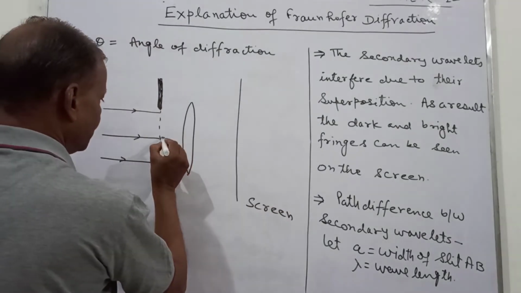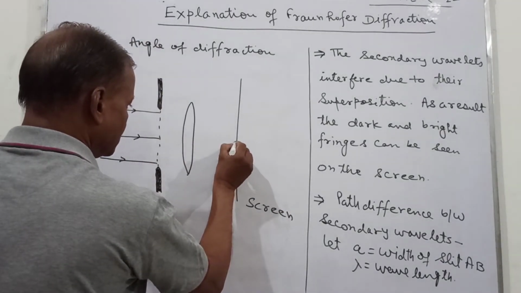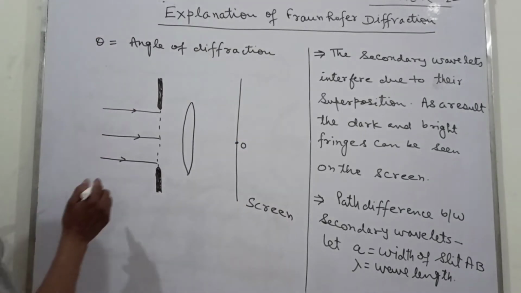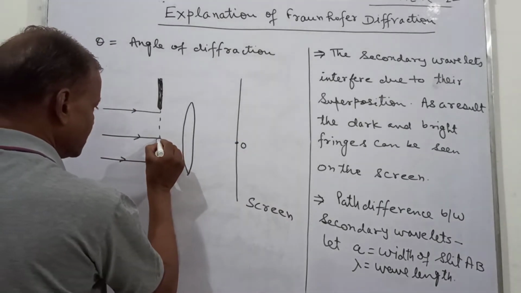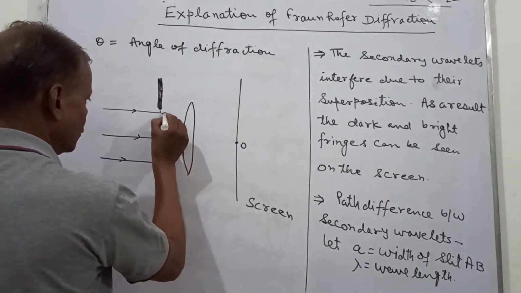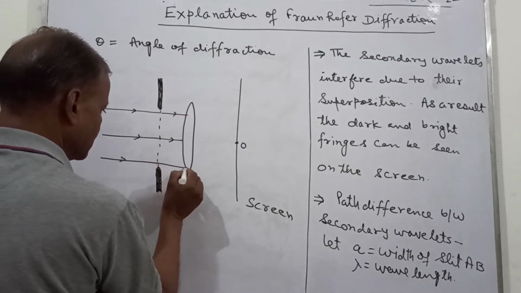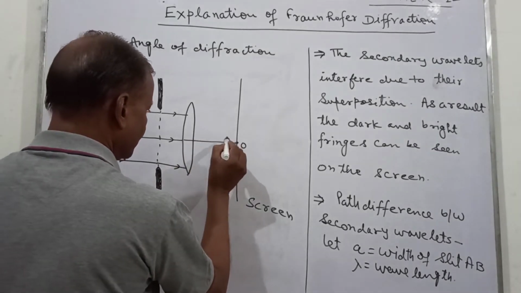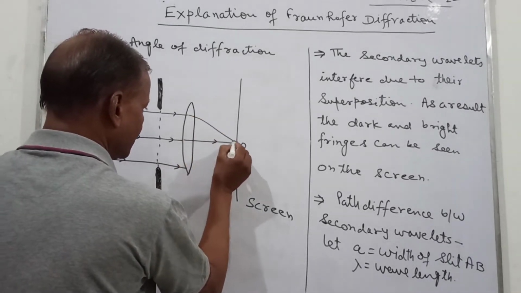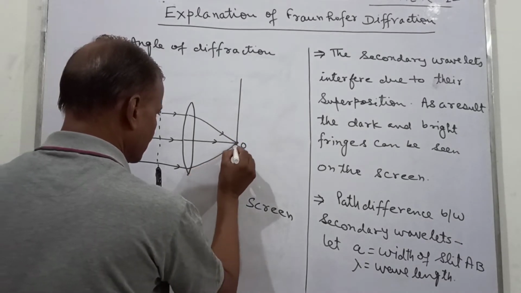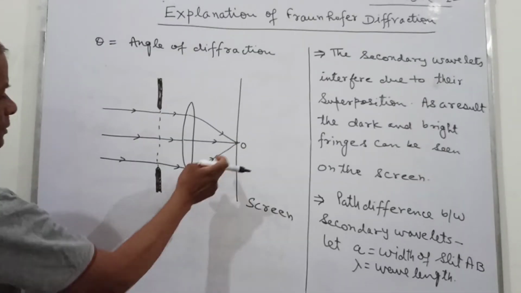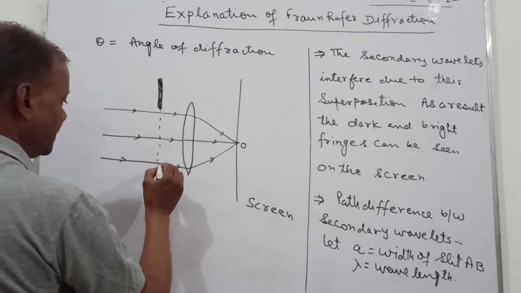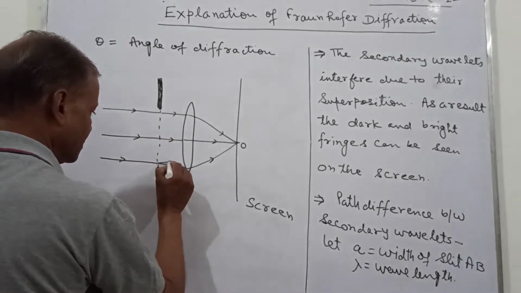This is the midpoint O. These waves go like this, and this gives the central point.